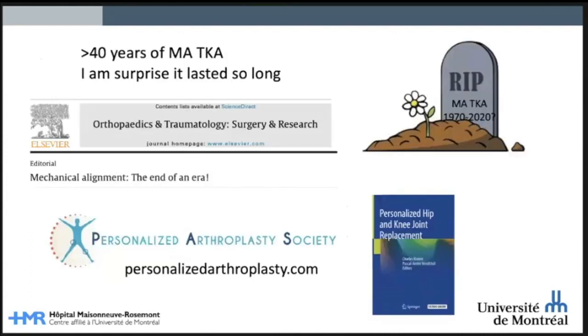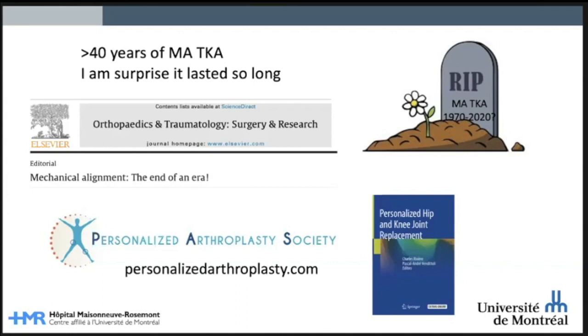So after more than 40 years of mechanical alignment total knee arthroplasty, I am surprised it lasts so long. And recently, Dr. Rivière and I, founders of the Personalized Arthroplasty Society, published an editorial suggesting that it is now time to change. It is the end of the era of mechanical alignment technique.